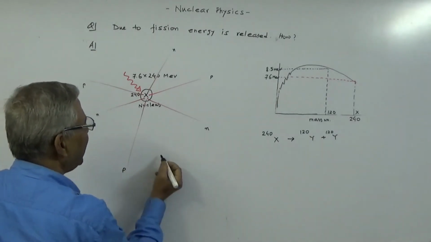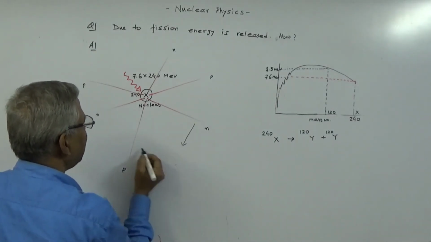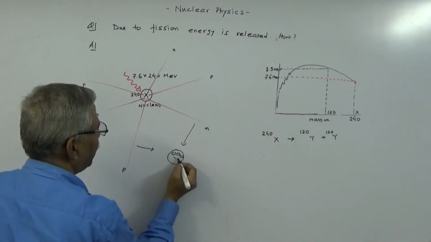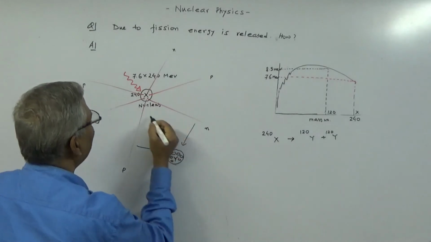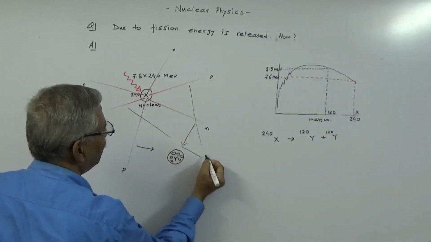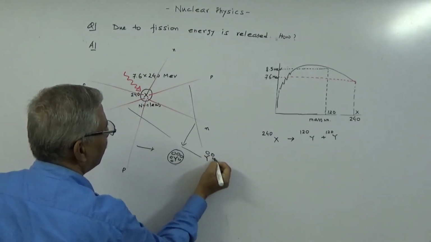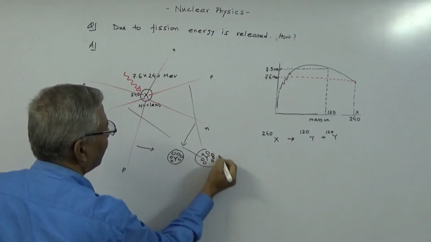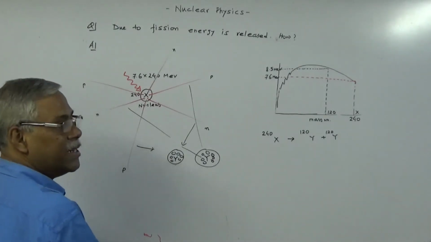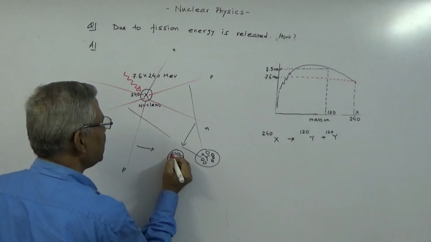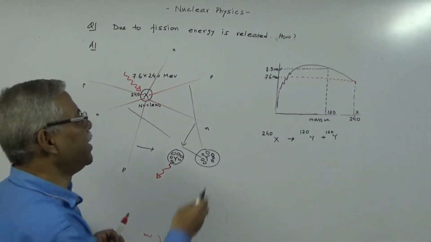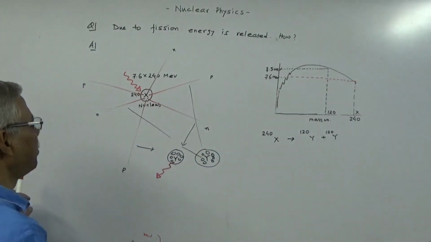You are bringing these neutrons and protons to form Y, and to form another Y. This time energy will be released. How much energy will be released from this? Its binding energy is 8.5.